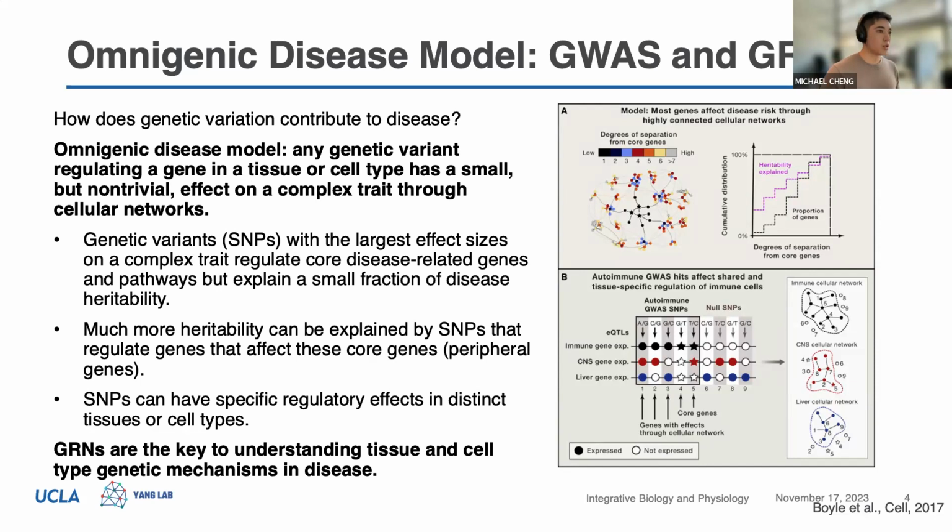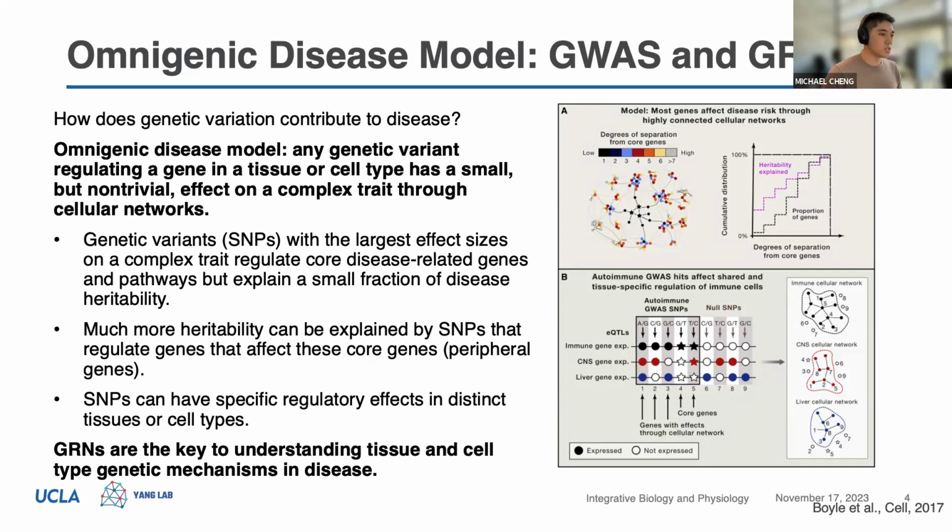If you want to broaden the scope of the genes that could be affecting disease, maybe indirectly, not as these core genes, but maybe SNPs that are regulating genes that affect these core genes, that we can visualize in a network, right, of peripheral genes being connected indirectly to core genes. SNPs that regulate these peripheral genes can explain even more heritability.